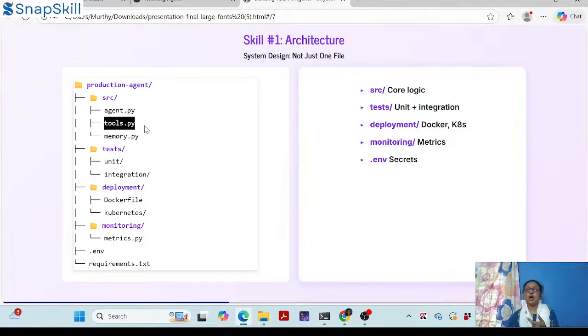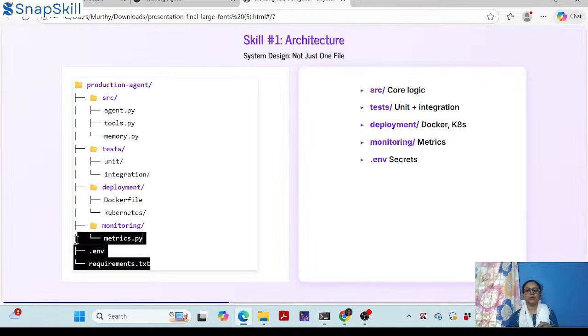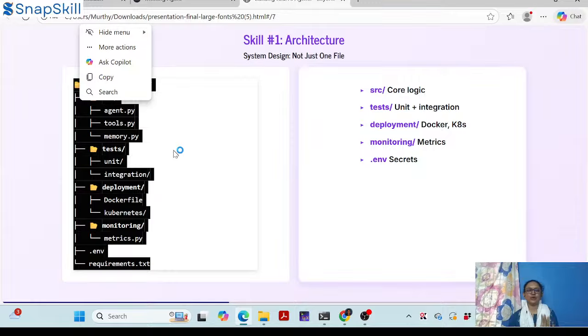Tools here means what LLM APIs are required, and what memory I have to use. You have to include these first. Then a testing-related folder is also required, and we integrate it with that. Then deployment, monitoring, and on top of that, the environment file and the packages you want to include. All these things you have to make part of your architecture.